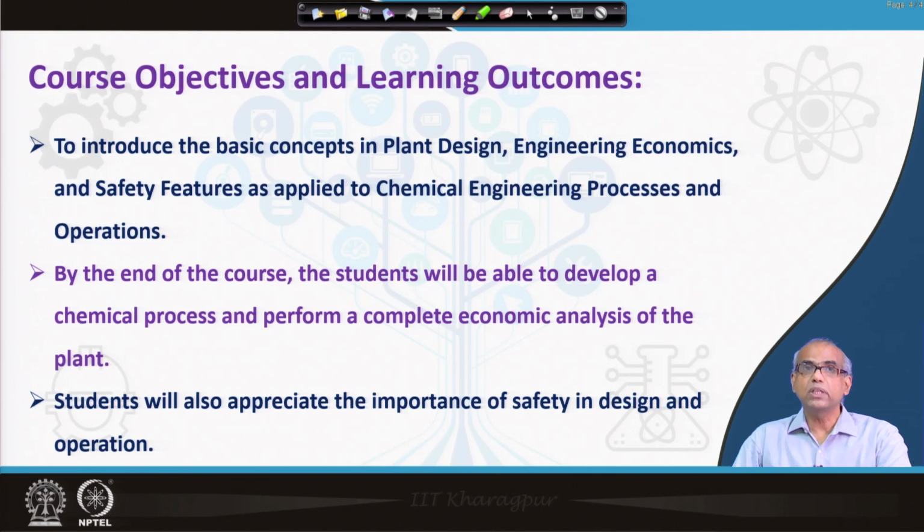The broad course objective is to introduce the basic concepts in plant design, engineering economics and safety features as applied to chemical engineering processes and operations. By the end of the course, the students will be able to develop a chemical process and perform a complete economic analysis of the plant. Students will also appreciate the importance of safety in design and operation.